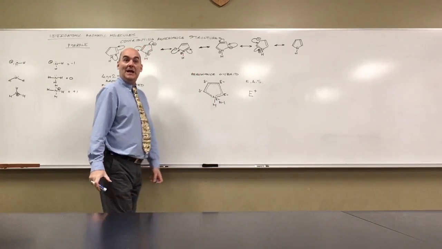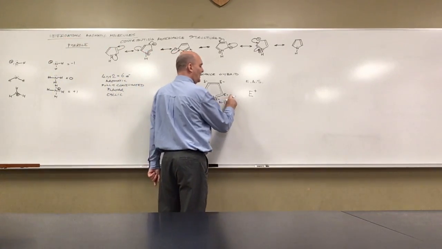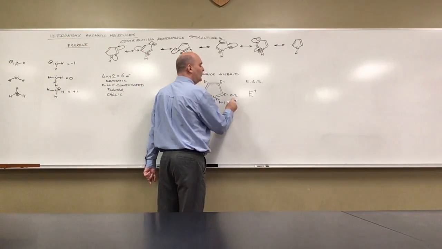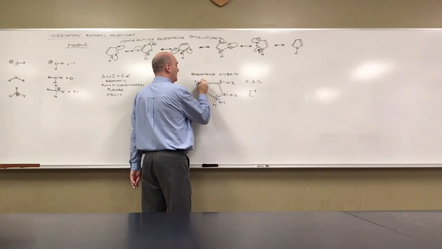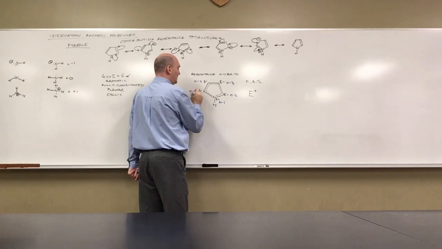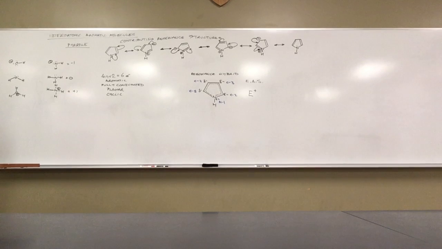That's now called N1. Position number 2 is here, and we now call it C2 to tell the reader that there's a bit more going on than you might think. So we have an N1, C2, C3, C4, C5.